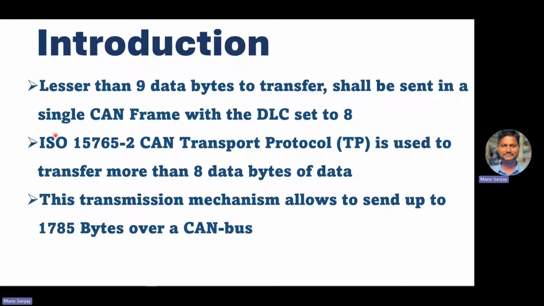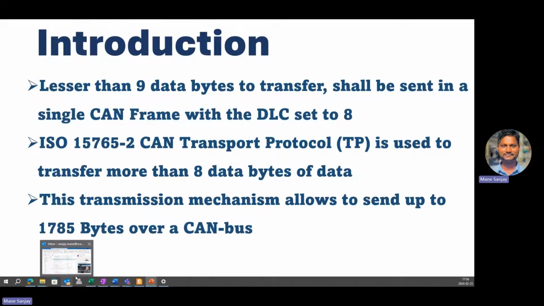It is not in a single frame; you need multiple frames, but it gives a clear indication that one message is being transmitted, not a frame. One message transmits a maximum of 1785 data bytes during the communication from the transmitter node to the receiver node. And that is possible with this transport protocol.